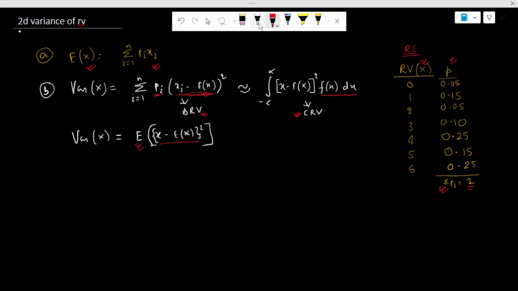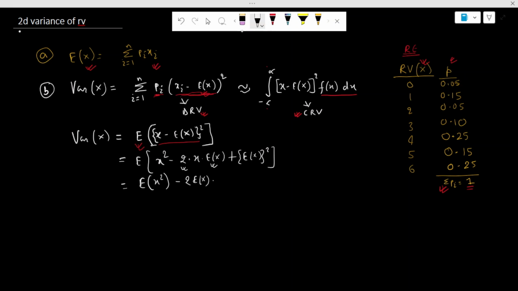Now let us expand it. This is equal to the expectation of (a minus b) whole square, which is a square minus twice ab plus b square. So it is the expectation of x square minus twice the expectation of x times x, where the expectation of x is some sort of constant.